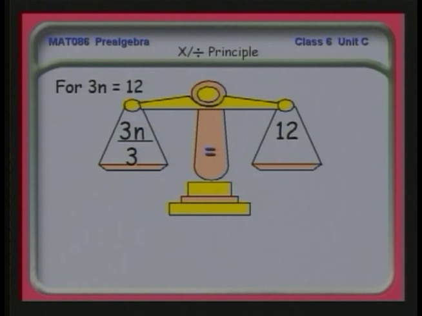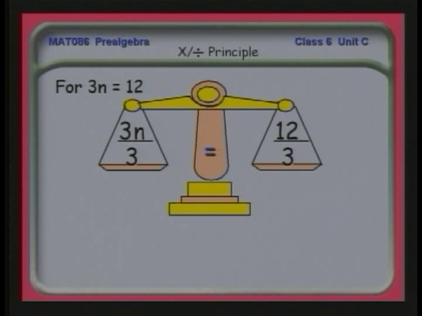Right. We divide the left-hand side by 3 because 3 divided by 3 gives me 1n. And if I do it to the left, I also need to do it to the right. What I wind up with now is 3 times the quantity n divided by 3 is equal to 12 divided by 3.